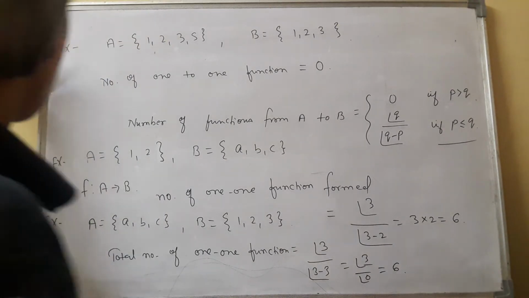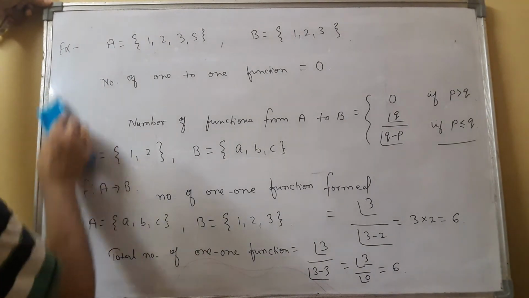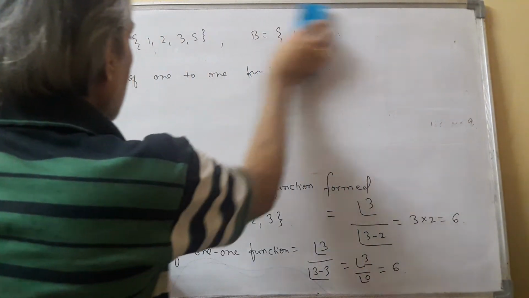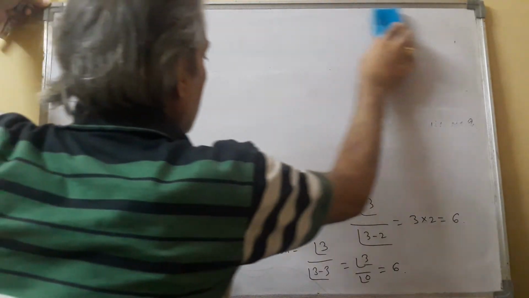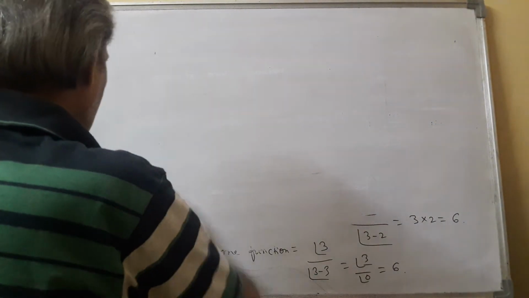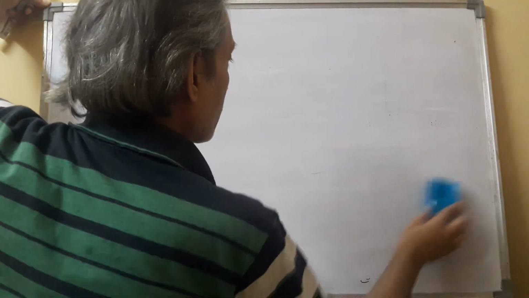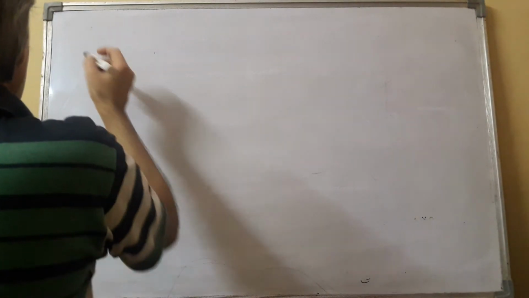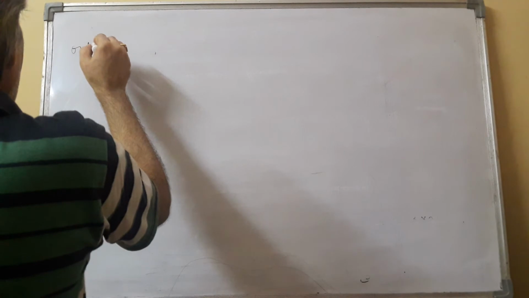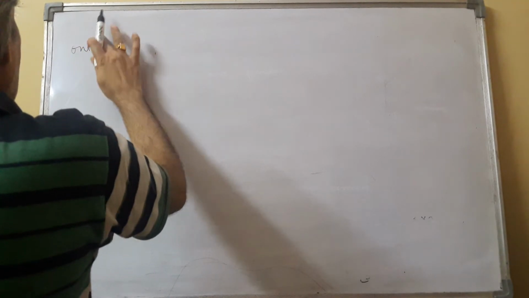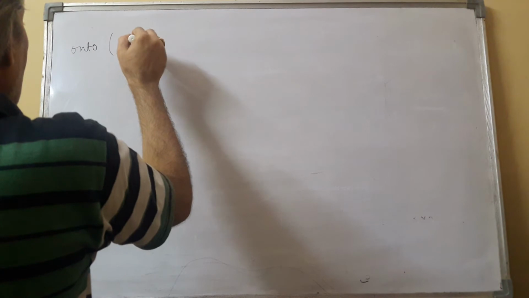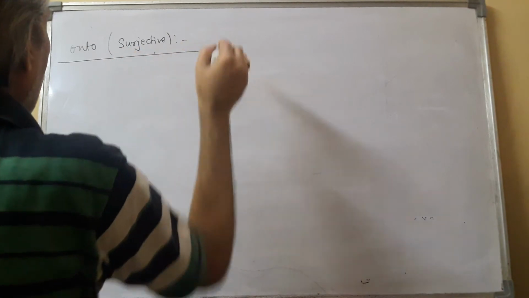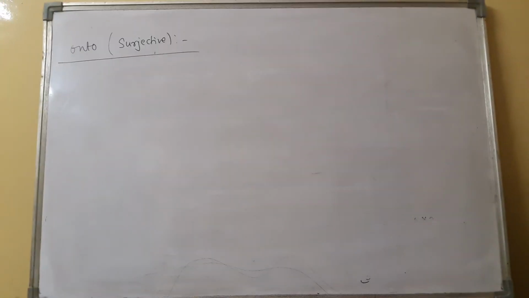नाउ आई एम गोइंग टू डिस्कस अबाउट ऑन-टू फंक्शन, ऑन-टू और सर्जेक्टिव. क्या डेफिनेशन है इसका?